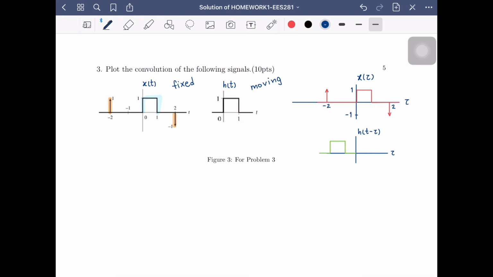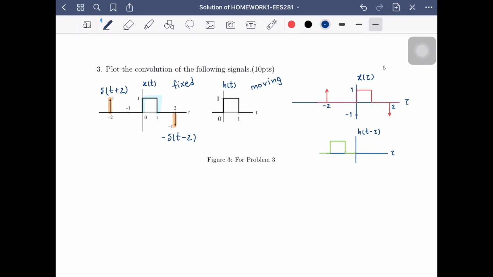This one is delta of t plus 2, since it is at minus 2, and this one is a delta at t minus 2 but with a negative amplitude.